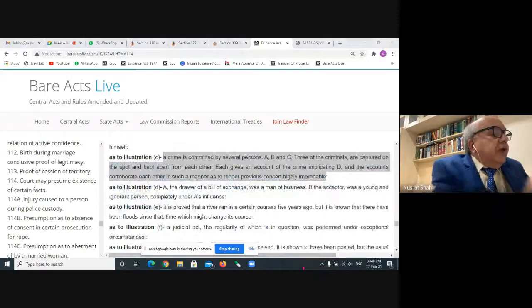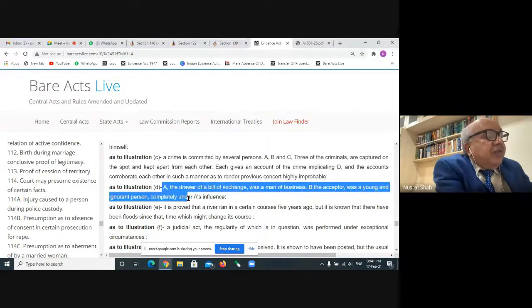Next, as to illustration C, a drawer of a bill of exchange, A, was a man of business. B, the acceptor, was a young and ignorant person, completely under A's influence. So the court is not bound to draw inferences against him, because under the Indian Contract Act you know that a contract is bad if it is vitiated by undue influence.